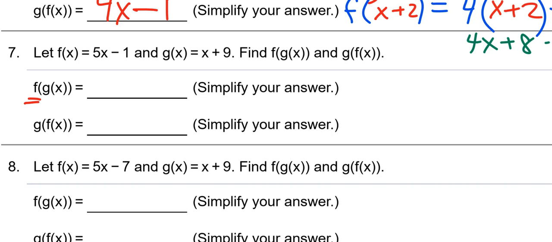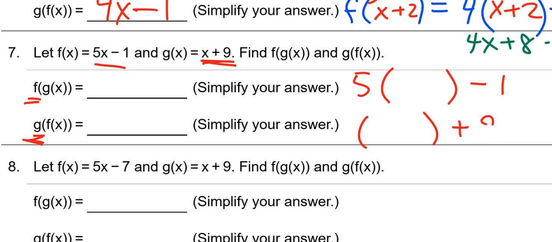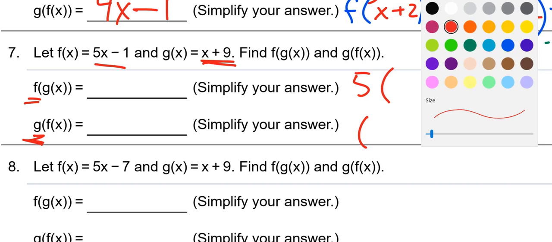So the one on the outside says 5 times whatever you put in minus 1. Now if I come down here and do the same thing on the other one, the g is on the outside, it says whatever you plug in, you add 9. Okay, so notice that I first looked at the outside function to decide what to put in.